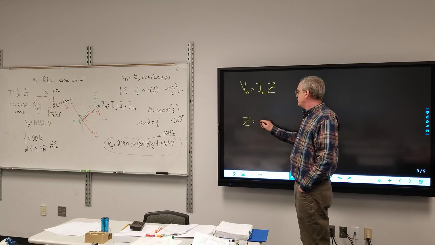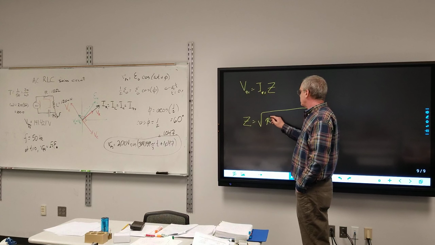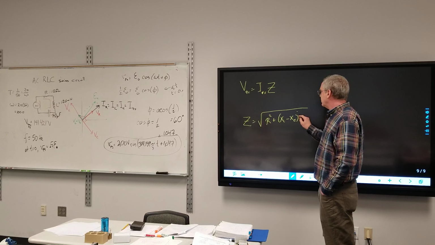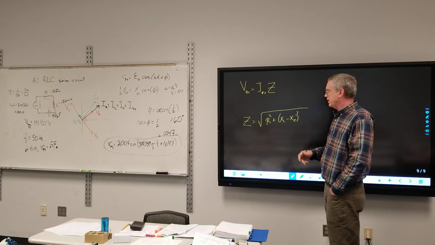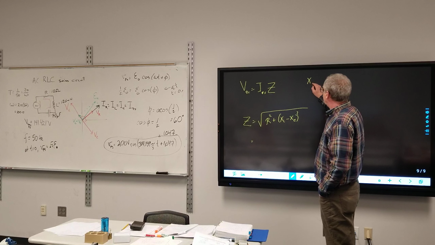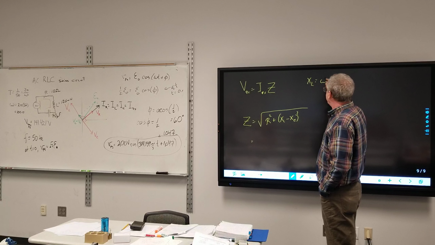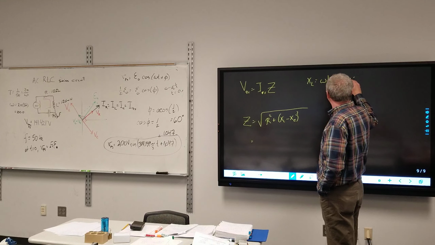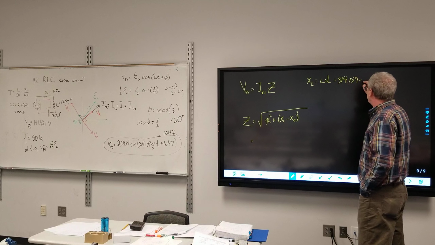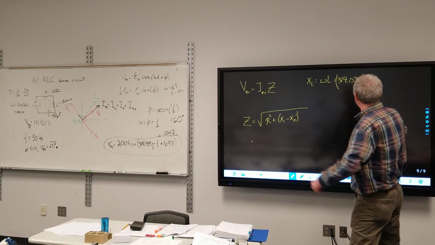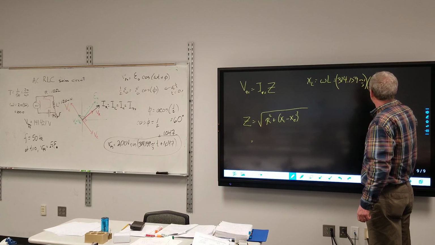The impedance is equal to the square root of R squared plus XL minus XC squared, or XC minus XL squared, depending upon how you're feeling. I know that XL is equal to omega times L, so that is 314.159 radians per second times my inductance, which is 0.120 henries.